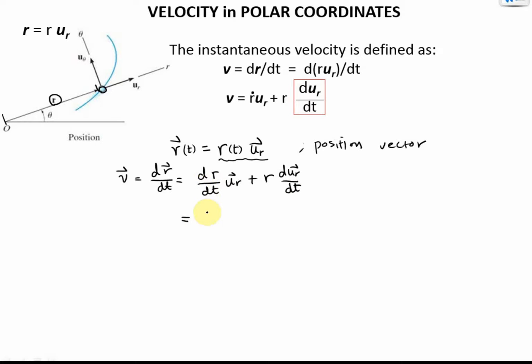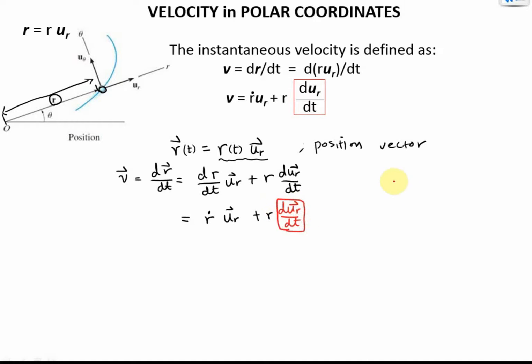This dr over dt is the time rate of change of the distance r, times ur, and then r times the time derivative of my unit vector ur. So what is this term?